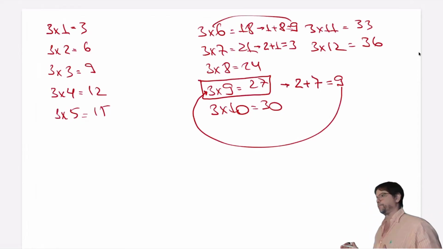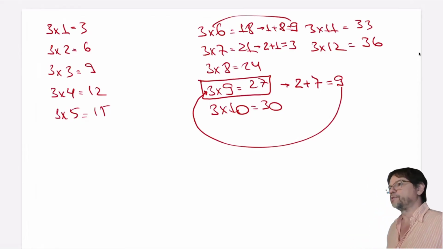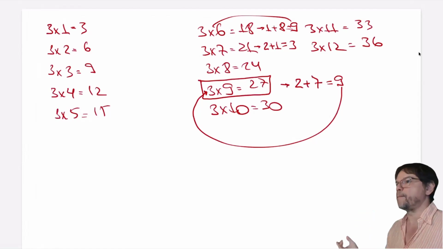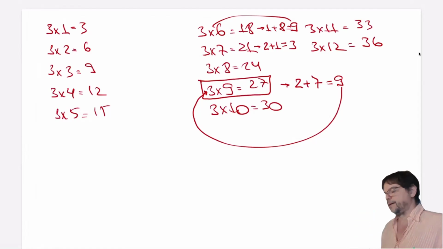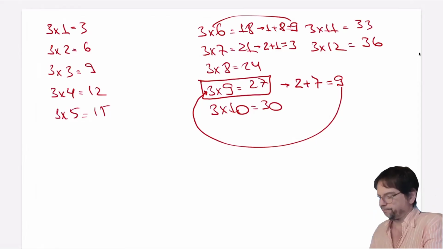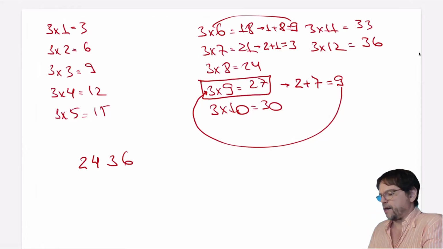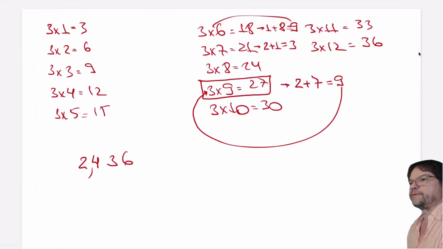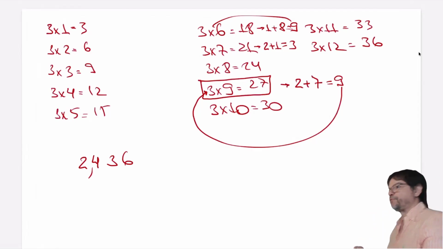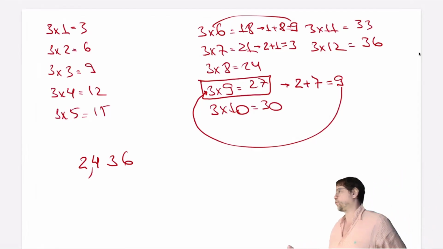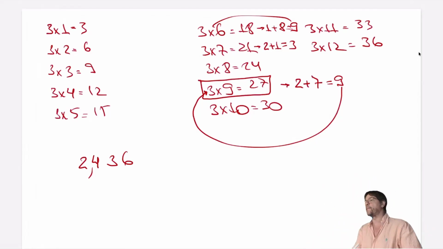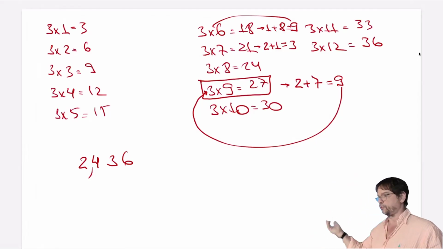What does that mean? Let's suppose you will divide a number by 3, and the number is 2,436. Before starting to do the division, you want to know if this number is divisible by 3, if it's a multiple of 3.